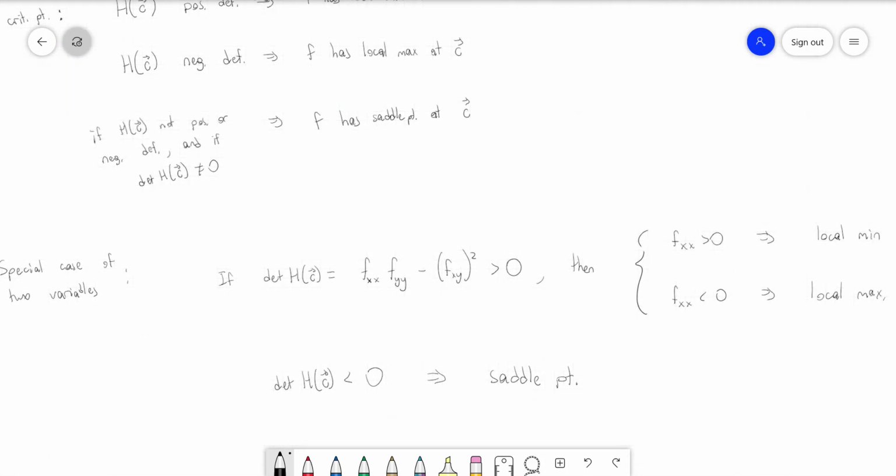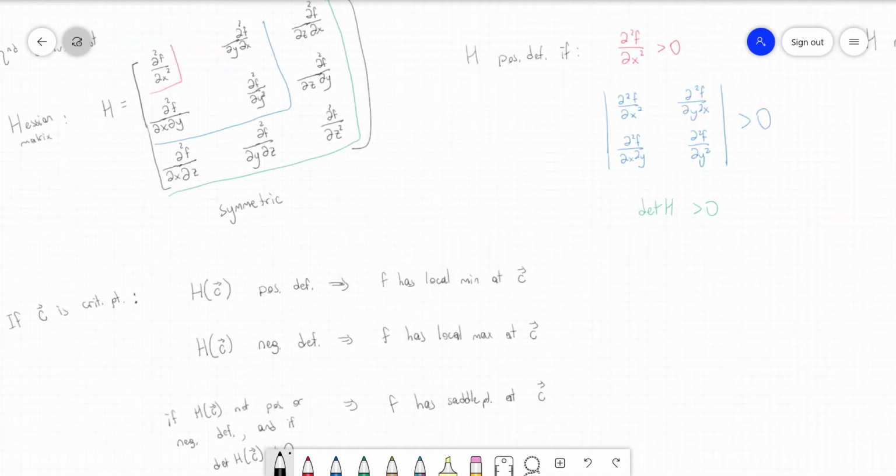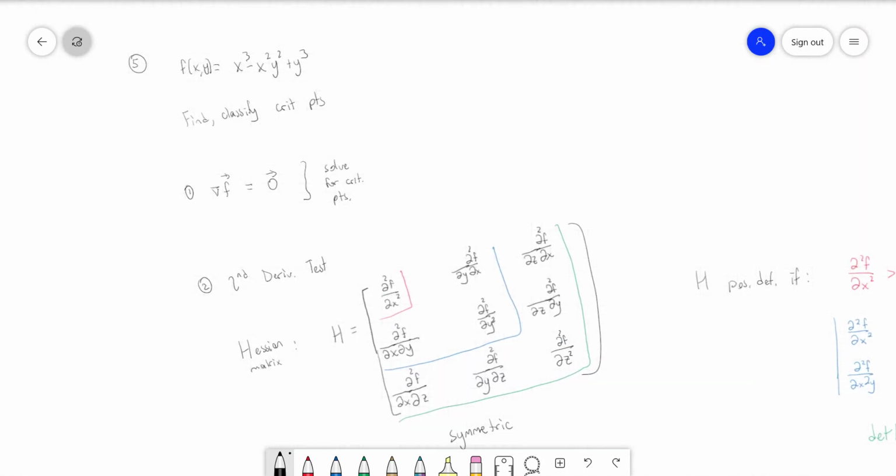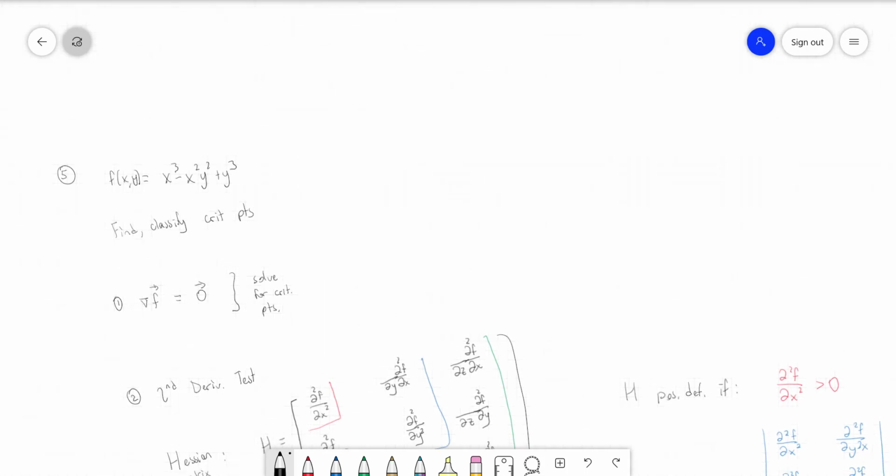Okay, so let's go ahead and work through this problem. All right, so the first thing you need is the critical points. So we'll take the partials of f with respect to x and y, and we'll set those equal to 0.